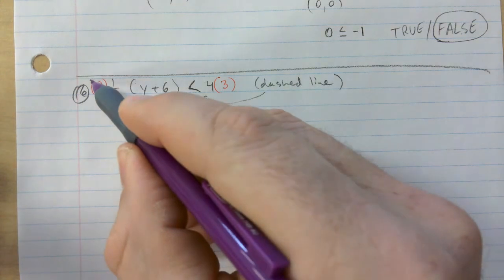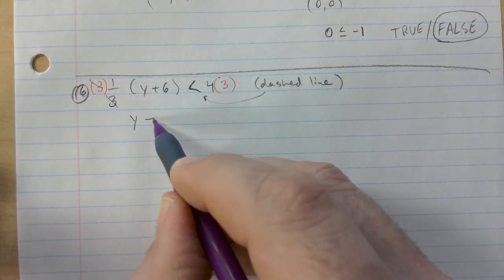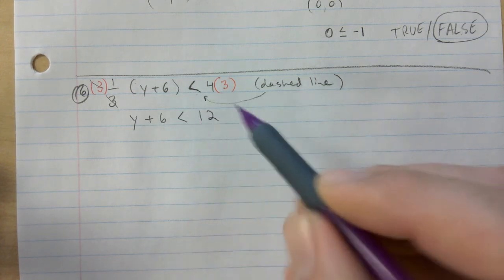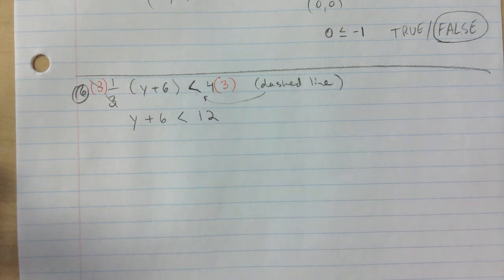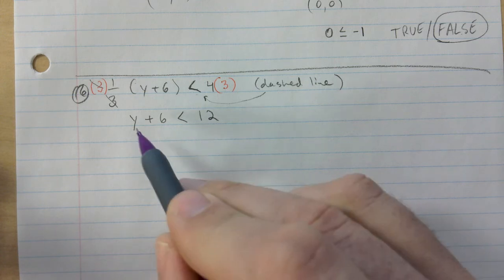And that gets rid of these two here. So you end up with y plus 6 is less than 12. Do not flip the sign because you haven't multiplied by a negative. You just multiplied it by 3, right? It's positive. Nothing changes.